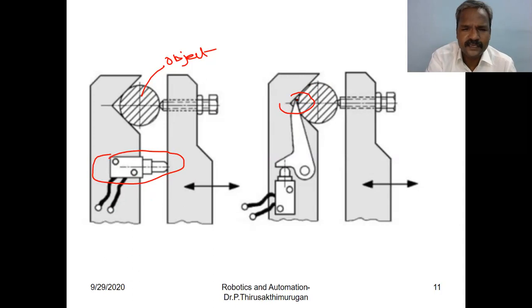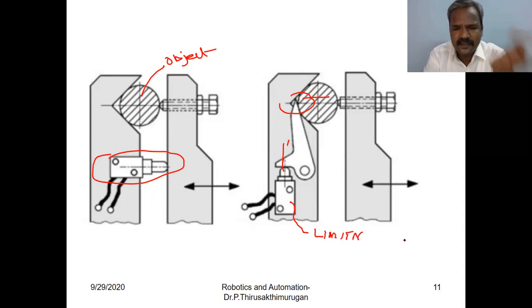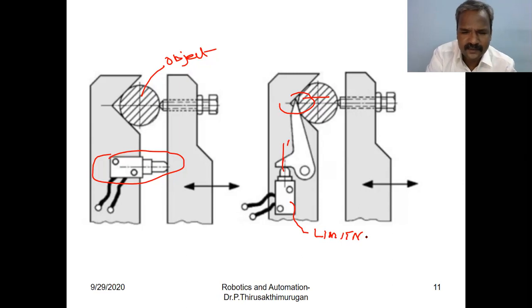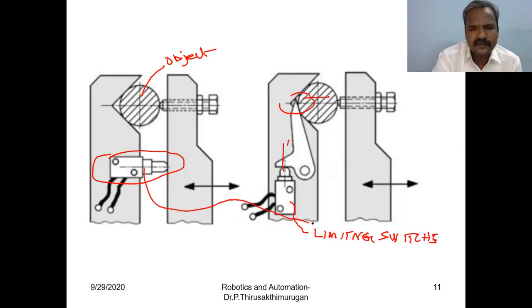Immediately when the object is released from the surface, this will move up. These are all limiting switches to detect releasing and prehension. Prehension means grasping or seizing of the object. This is for monitoring of releasing and prehension of the object.